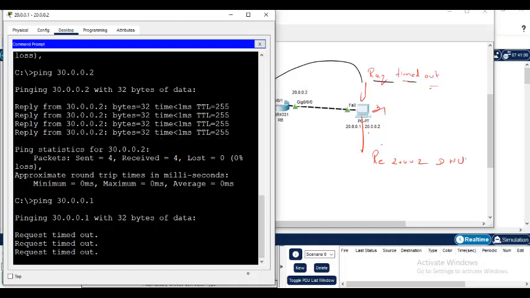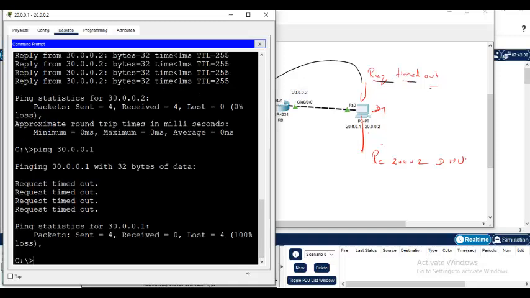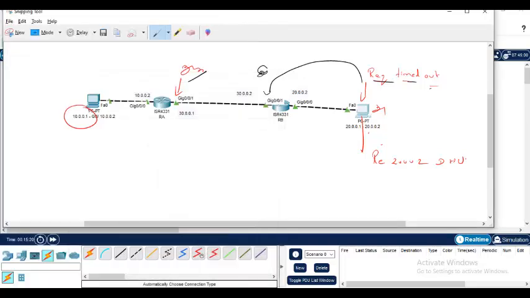Now, what is the problem? Why am I not able to get the reply? When I'm pinging the same network, this IP, I'm getting reply. When I'm pinging this IP, it is not responding to me. I'm not getting reply on time, so the timeout happens. That is the meaning of request timed out.